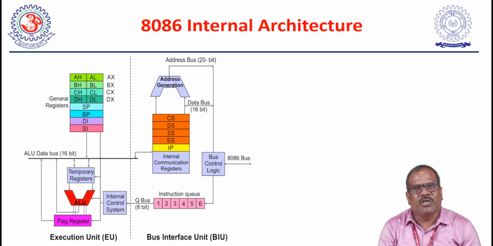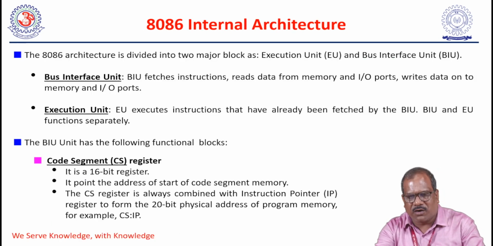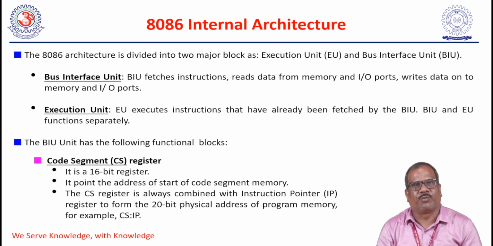Similarly, the major blocks of the execution unit are: 4 16-bit general registers, 2 pointer registers, 2 16-bit index registers, a 16-bit arithmetic logic unit, a 16-bit flag register, a 16-bit temporary register, and the control system. So these are all the various blocks of the 8086 microprocessor.